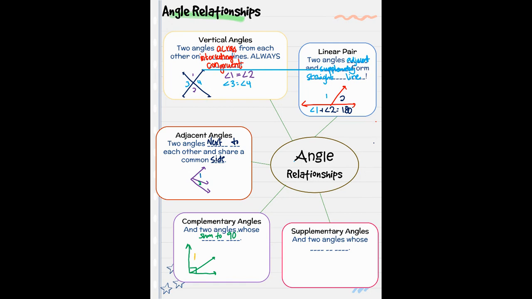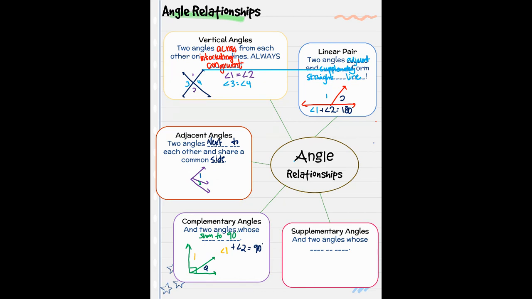So we're going to have this angle here, angle 1, and when I add that to this angle here, angle 2, then they are going to add up to 90 degrees.